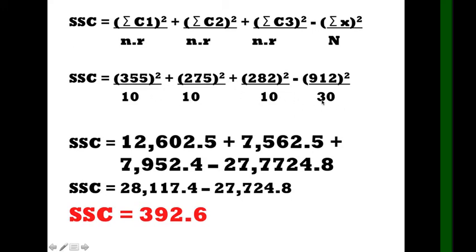So 30 is the answer. Now, just get 355 squared divided by 10, and you will get 12,602.5. 275 squared divided by 10 is 7,562.5. 282 squared divided by 10 is 7,952.4. And 912 squared over 30 is 27,000.